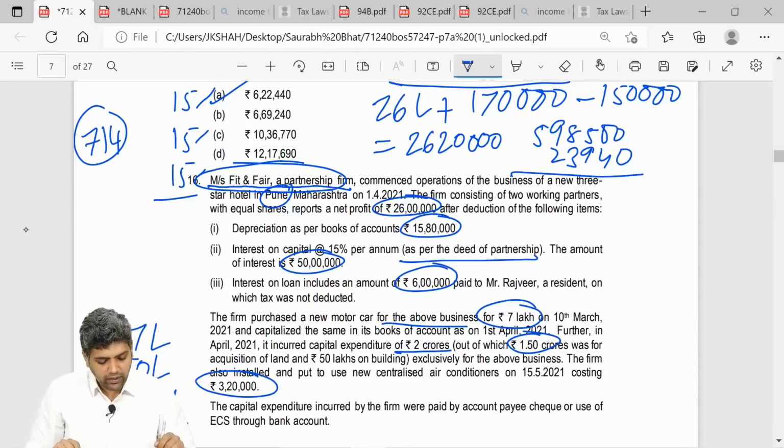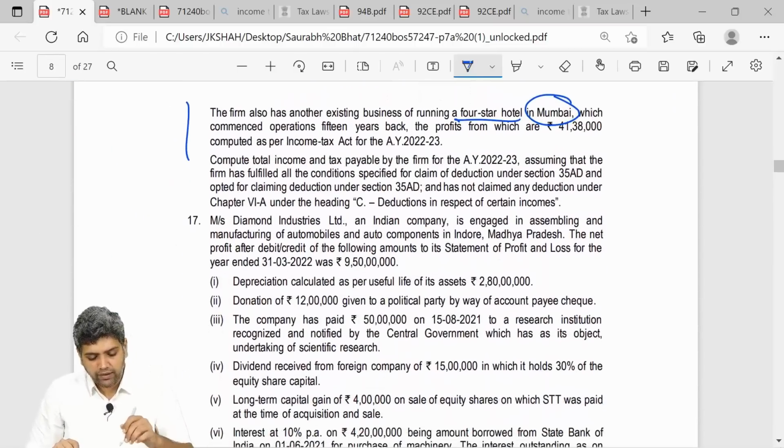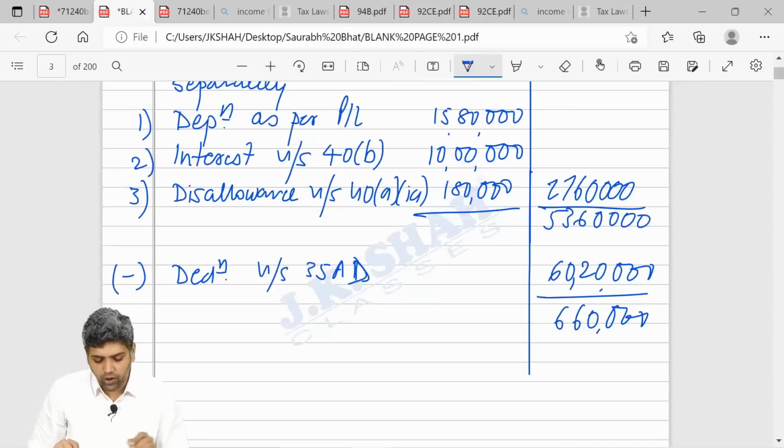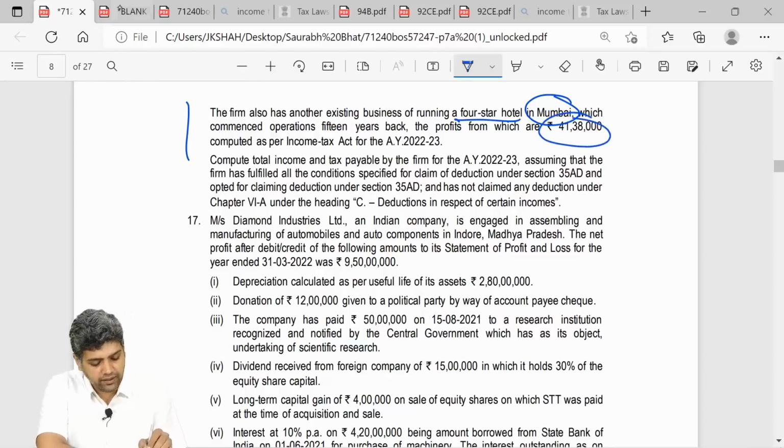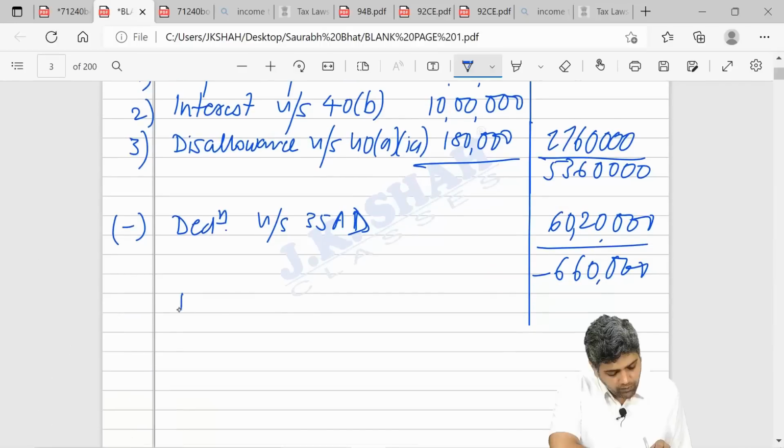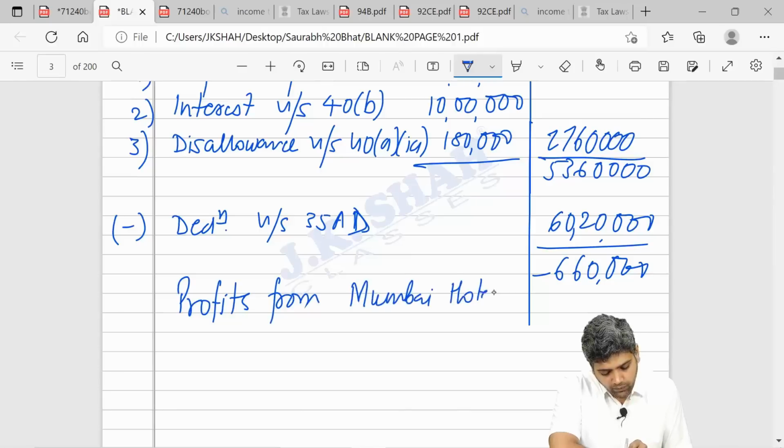So, over here from my Pune hotel, as I just computed, there is a loss of 6,60,000. I have got 4-star hotel in Mumbai from which I have earned profits of 41,38,000. So, I will say profits from Mumbai hotel 41,38,000.